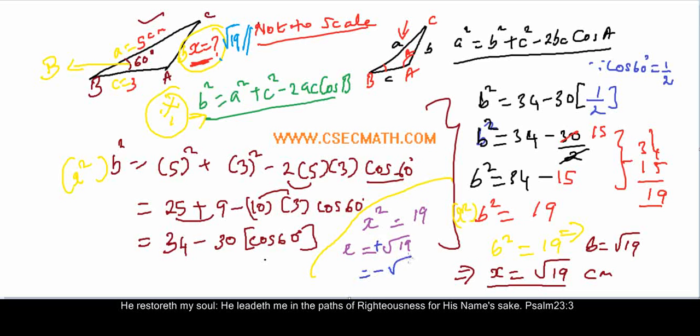It's also negative root 19. So two critical values would be occurring whenever you apply the radical sign, that is, whenever you obtain x value from x squared. So when the 2 crosses over the equal to sign, we get a square root value, and those square root values are of 2 in nature, that is positive and negative.